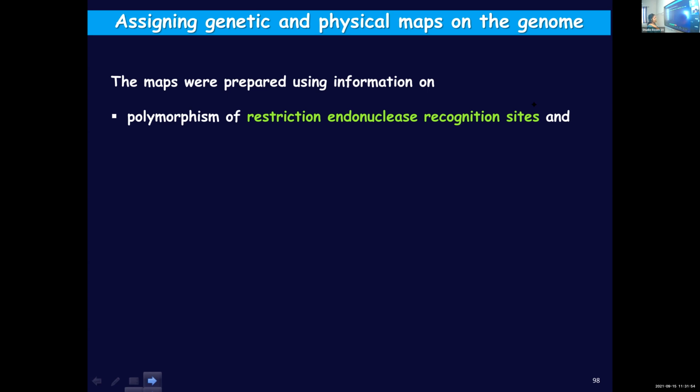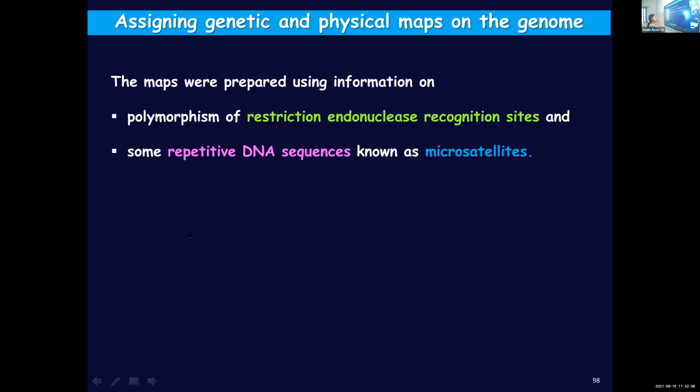They prepared this with the help of information on polymorphism of restriction endonuclease recognition sites, and using information available on some repetitive DNA sequences known as microsatellites. Only this is given in your textbook regarding the mapping process.